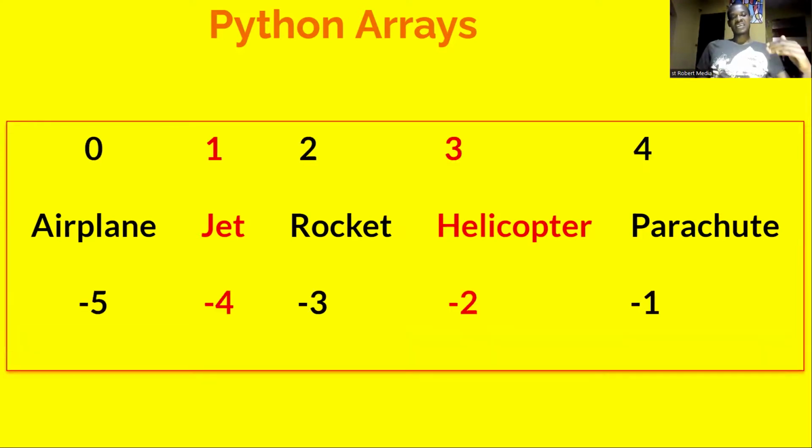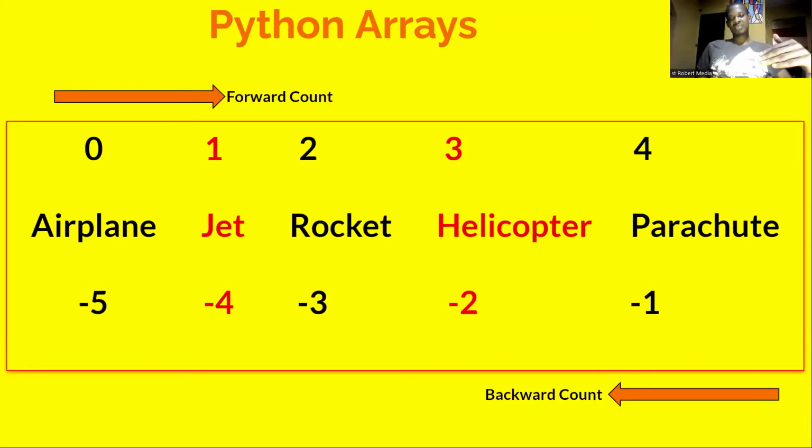If you are counting in a forward sequence, it will be 0, 1, 2, 3, 4, and on and on. But if you're counting backwards, the last item on the list will be -1, -2, -3, -4, -5, and on and on.